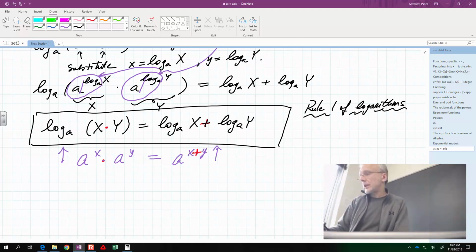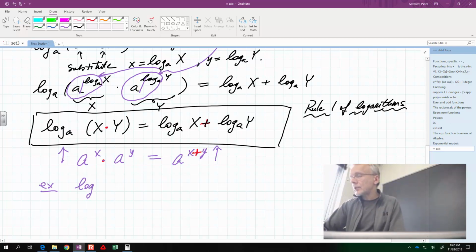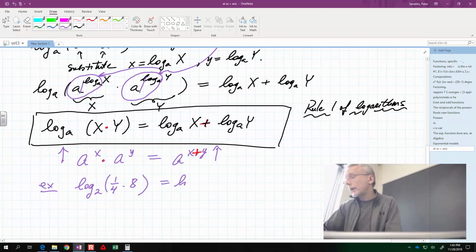Let me see what, if anything, it might help us compute. Log base 2 of 1/4 times 8 can be broken apart: log base 2 of 1/4 plus log base 2 of 8.